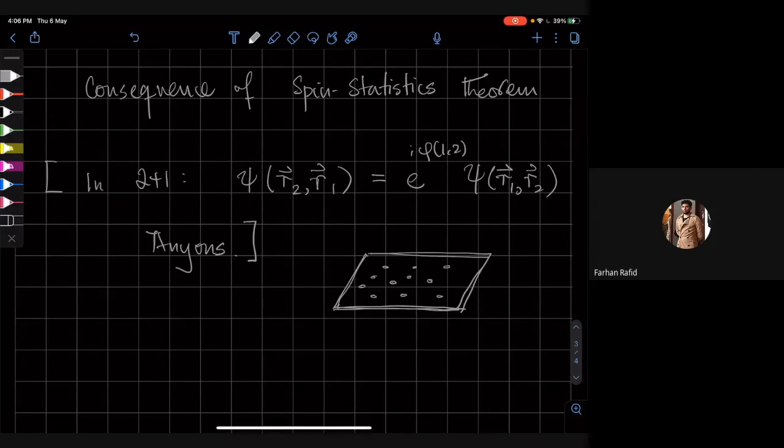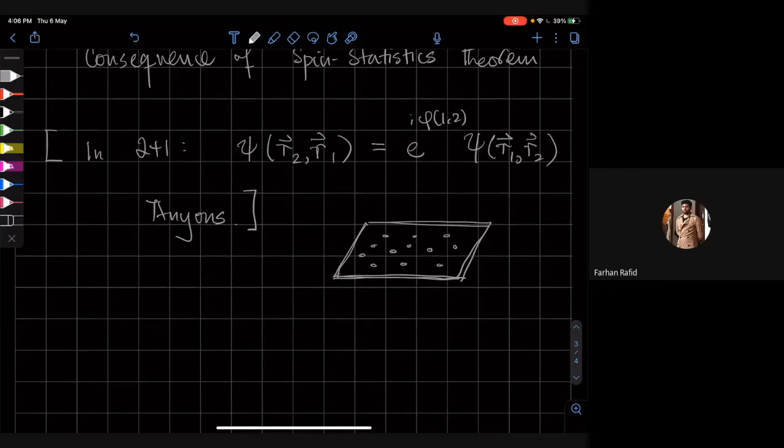You can have an effective theory of these, and you can show that these particles will have anyonic statistics. Anyonic statistics is extremely rich because it has an interpretation of braiding.